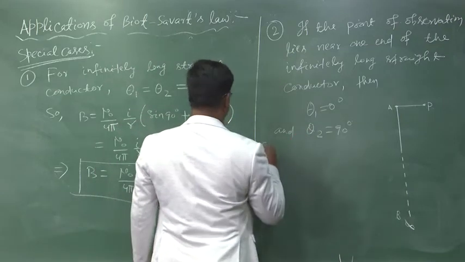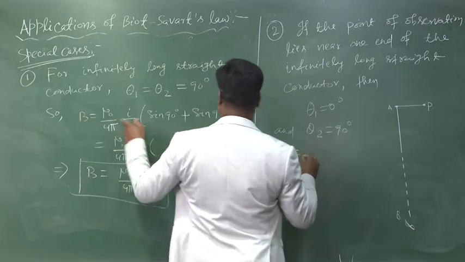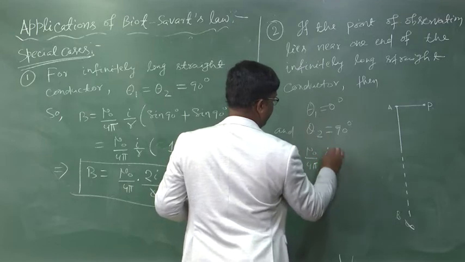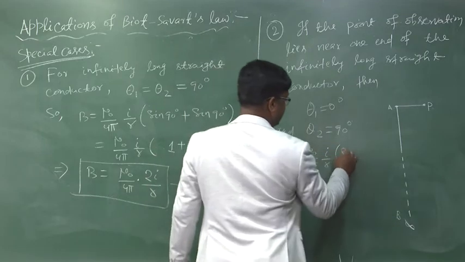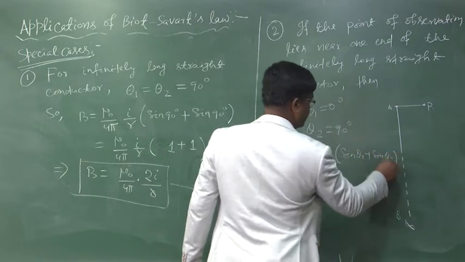So, B will be how much? B is equal to mu 0 by 4 pi, I by r, within brackets sin theta 1 plus sin theta 2.